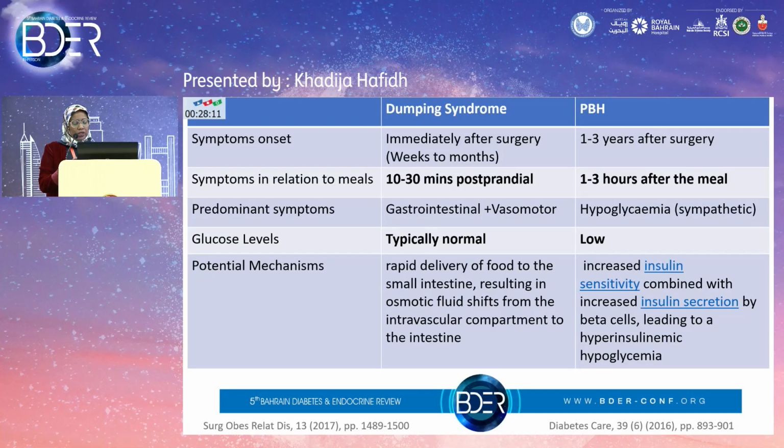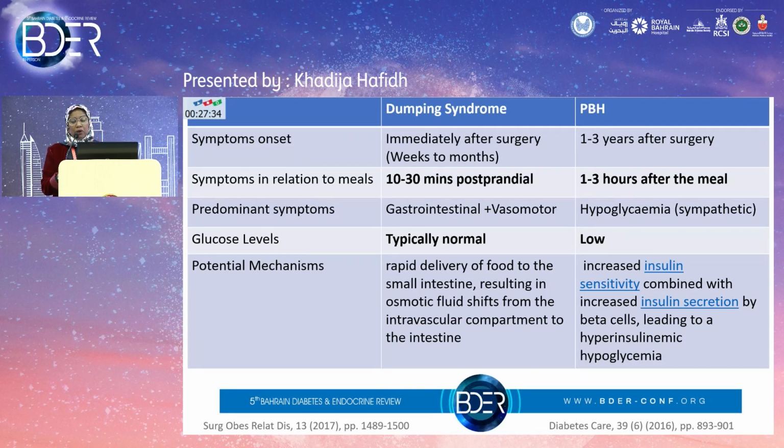Just to point out the differences between these two conditions, dumping syndrome usually occurs immediately after surgery, within the first few weeks to months, whereas post-bariatric hypoglycemia usually occurs a year or much later after surgery. Symptoms are related to the meal, so when you're taking a history, it's important to ask about this. In dumping syndrome, it's usually immediately after they start eating, 10 to 30 minutes postprandial, that they start having gastrointestinal and vasomotor symptoms.